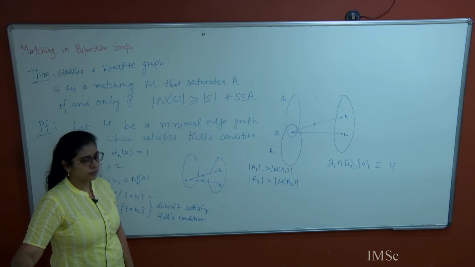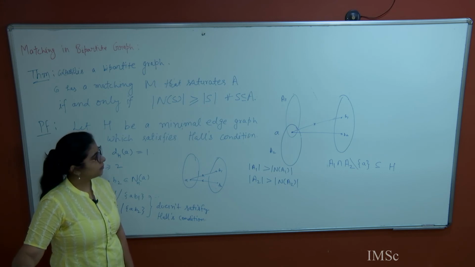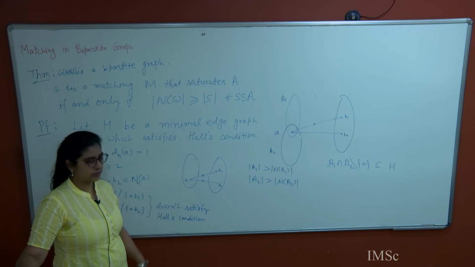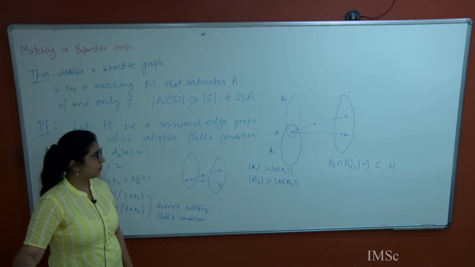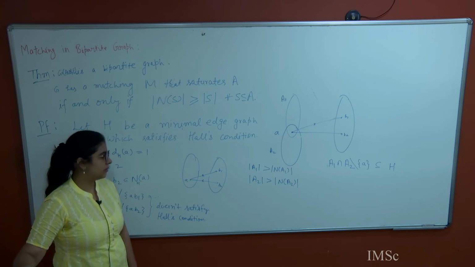So if this intersection contains only A, then remove that from the intersection. It reduces the size of this set by 1 and reduces the size of this set by 1, and this set is still violating Hall's condition. So in the original graph there is a subset of this that excludes A and still violates.